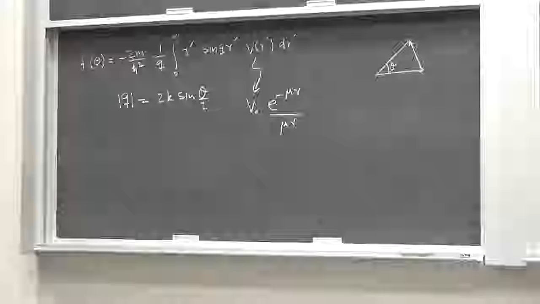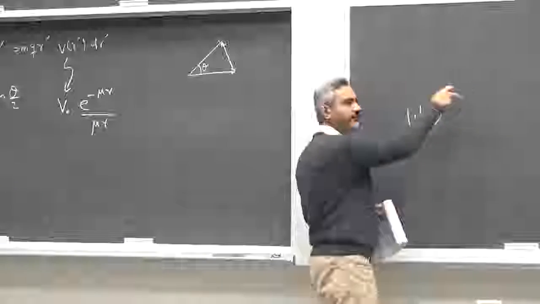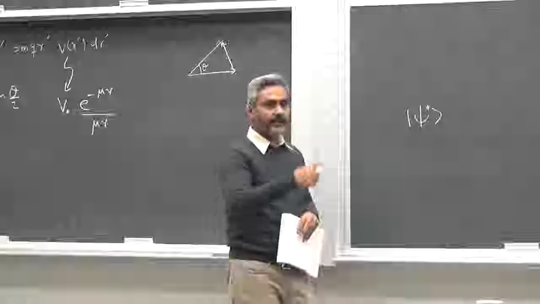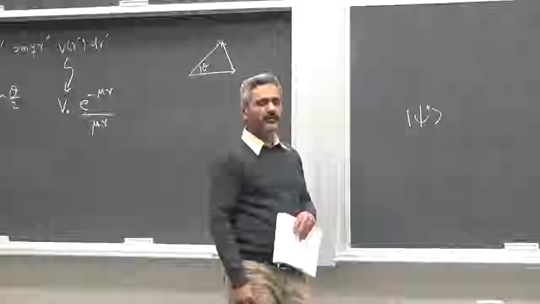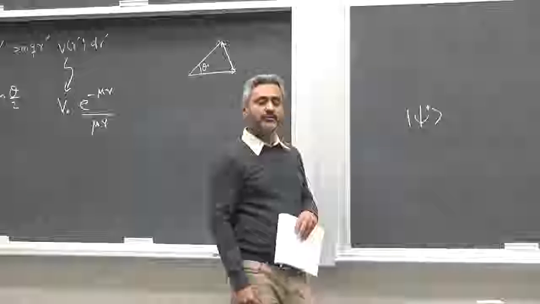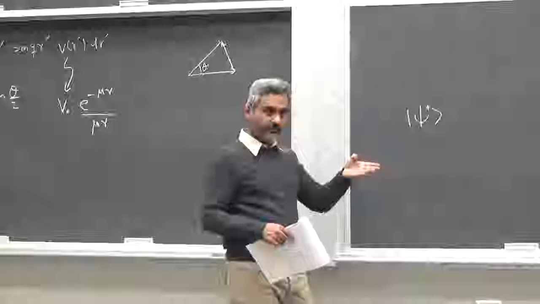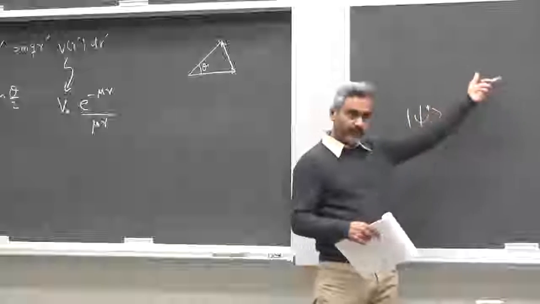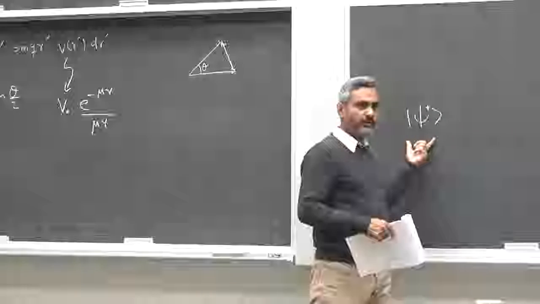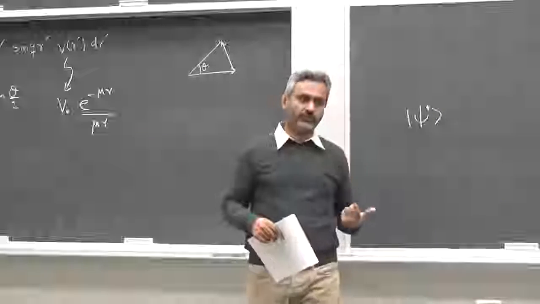If you were to take the new psi plus and put it in for the old psi in that equation, the Schwinger-Lippmann equation, you will get the second order. Then if you take the second order wave function and put it back in there, you get the third order approximation, and so on and so forth.